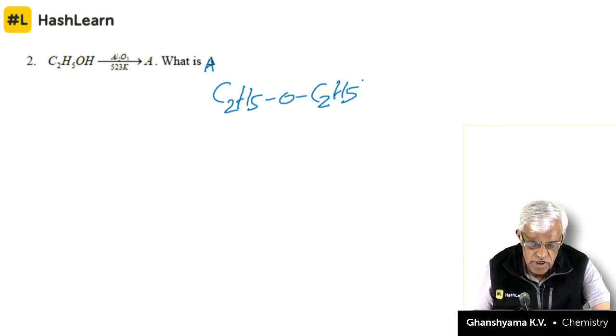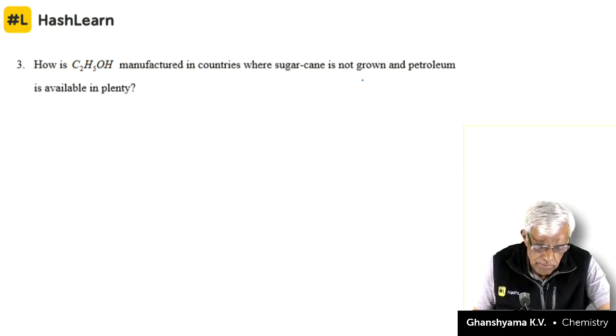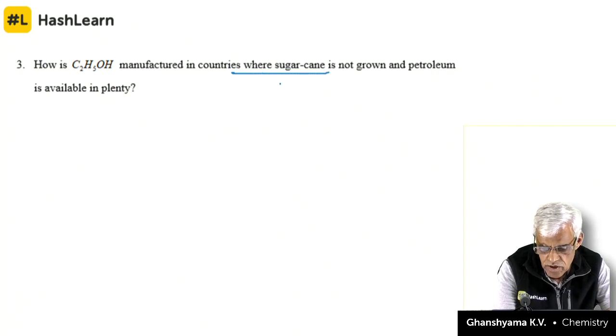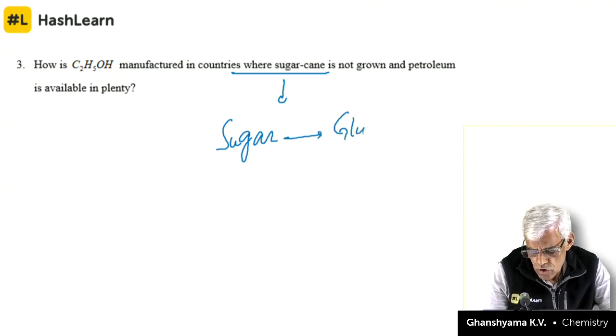It is ethoxyethane. Okay. How is ethanol manufactured in countries where sugarcane is not grown? See, in our country, you know that sugar is hydrolyzed to glucose and fructose by invertase, then glucose undergoes fermentation by zymase to form ethanol.